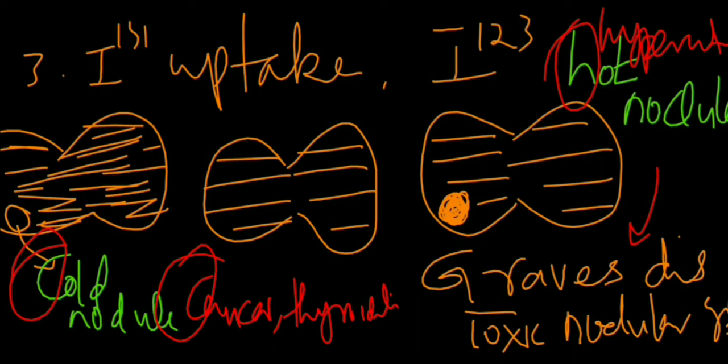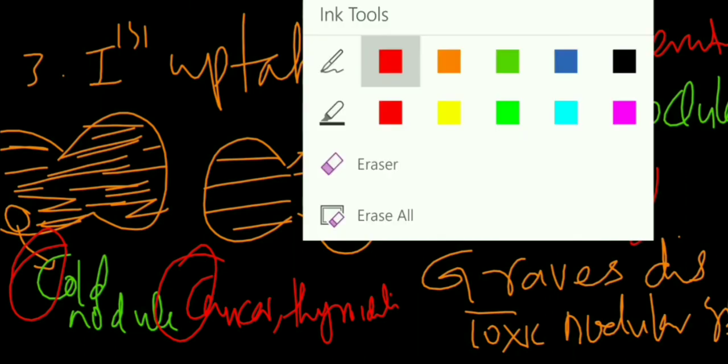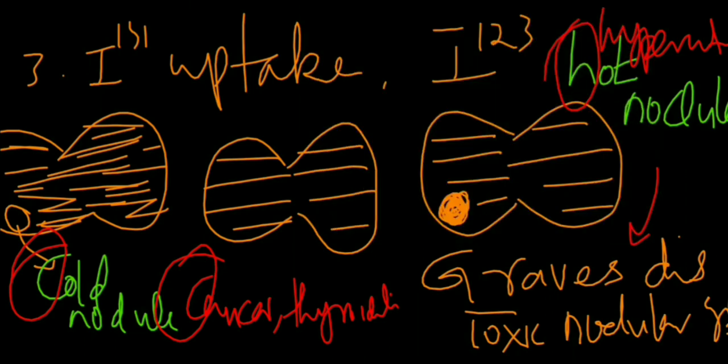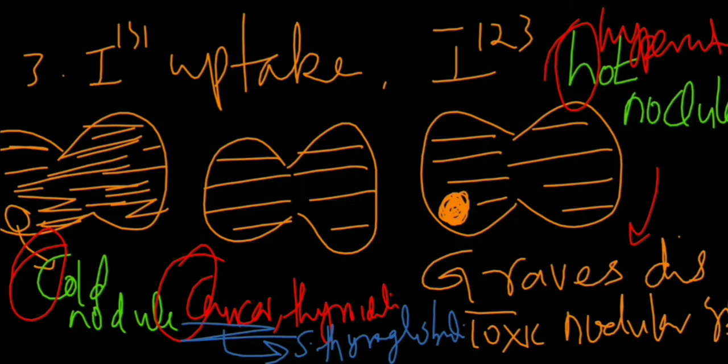Okay. Now the other protein we are looking at is serum thyroglobulin. It is a marker for thyroid cancer. So I'll write it here again. In thyroid cancer, you have serum thyroglobulin as a serum marker. Okay, so all these you should remember.